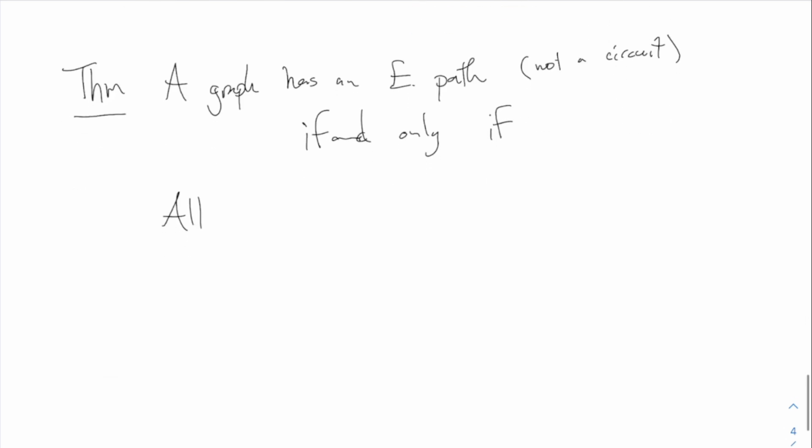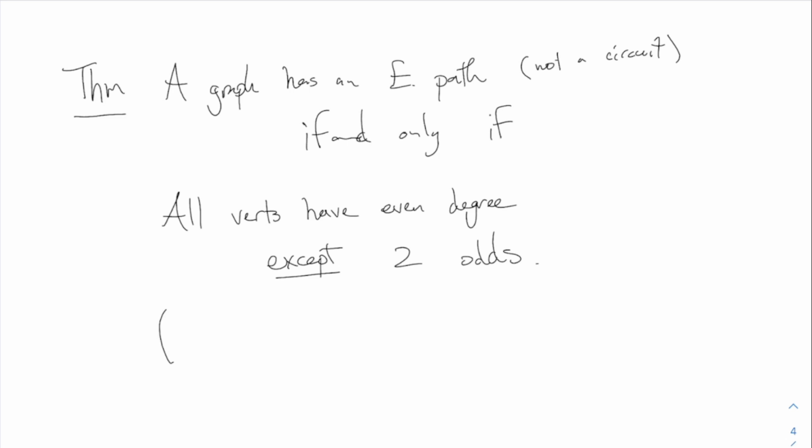It's slightly more complicated, I suppose. It says all vertices have even degree except 2 odds. All right? In that case, the graph has an Euler path that's not an Euler circuit.